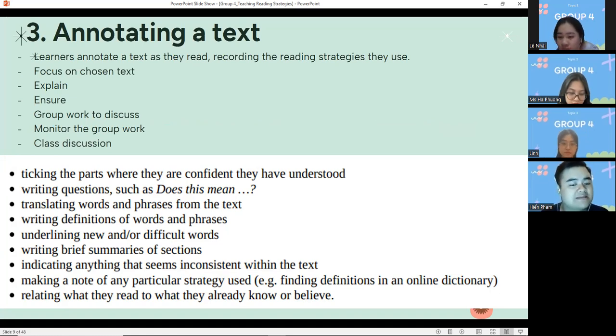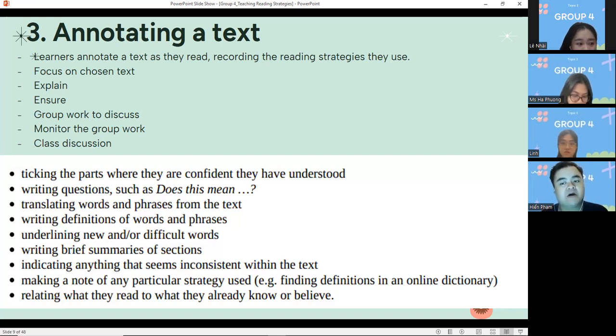For example, marking the parts where they are confident that they understand, writing questions such as "what does this mean", translating words and phrases, writing definitions of words and phrases, underlining new or difficult words, writing a brief summary of a section or the text, indicating something that seems inconsistent in the text, making note of any strategies that they use, and also relating what they read to their prior knowledge or what they already know or believe.